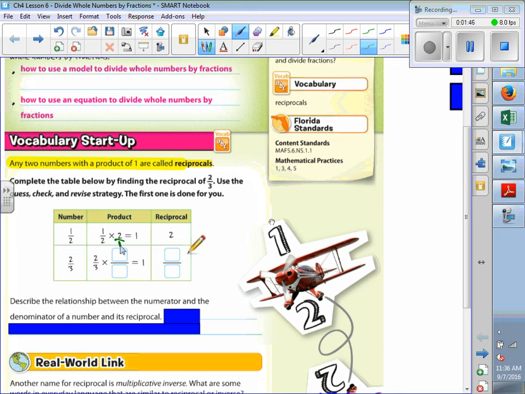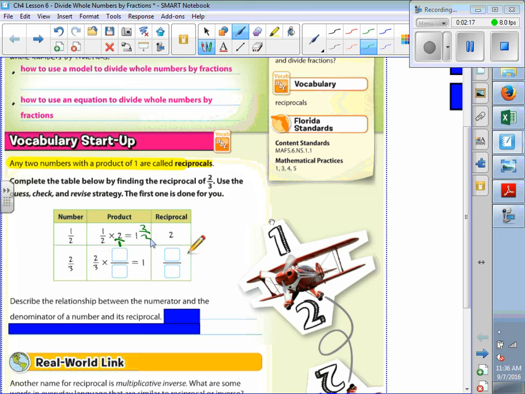Isn't that equal to 1 times 2 is 2? And then 2 times 1 is equal to 2. So isn't 2 over 2 equal to 1, right? So 1/2 times 2 over 1 is equal to 1. So that means that 1/2 and 2 are reciprocals of each other.